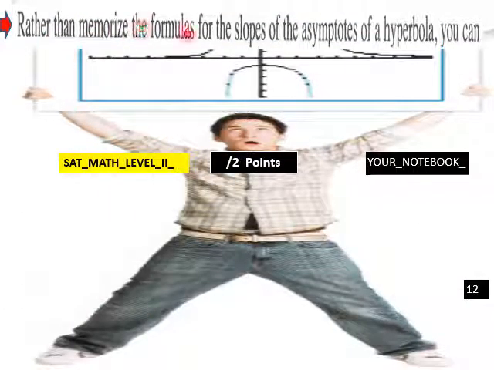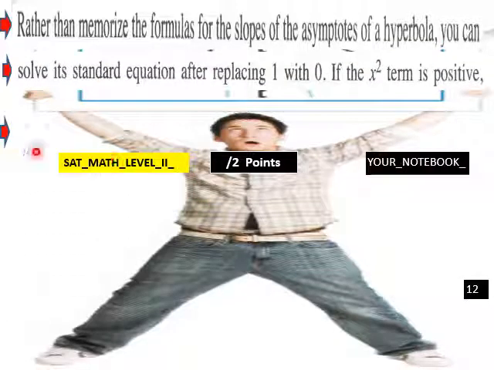Rather than memorize the formulas for the slopes of the asymptotes of a hyperbola, you can solve its standard equation after replacing 1 with 0. If the x squared term is positive, then y squared would equal b squared x squared over a squared, and y would equal plus or minus b over a times x.